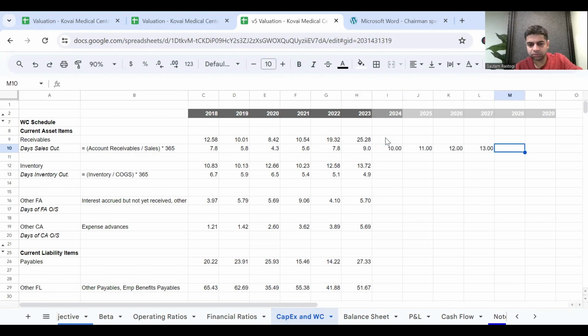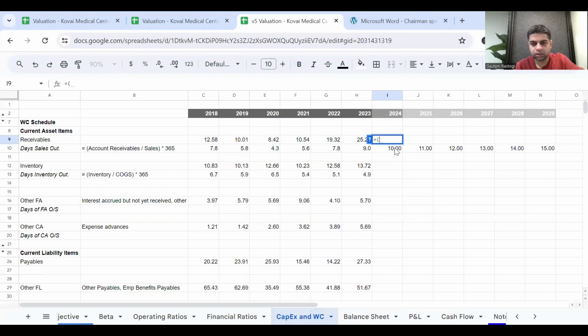Of course, we can always cross-check the receivables of 2024 with the H1 financials, which were released earlier. But let's make the assumption that receivables will increase gradually over the next few years. Using this 10 days of receivable outstanding, let's project out the receivable number.